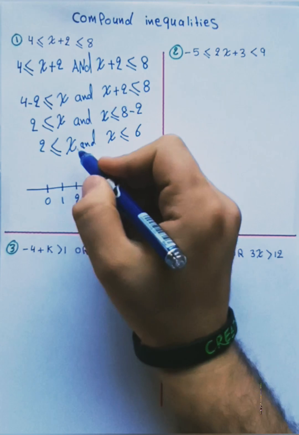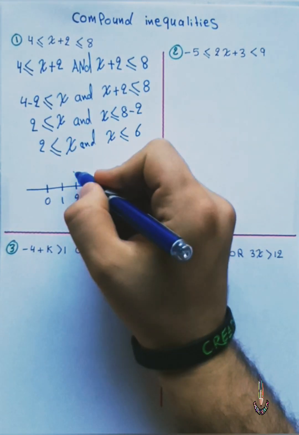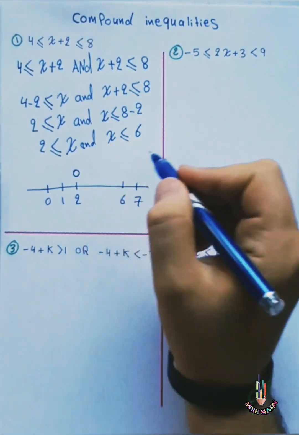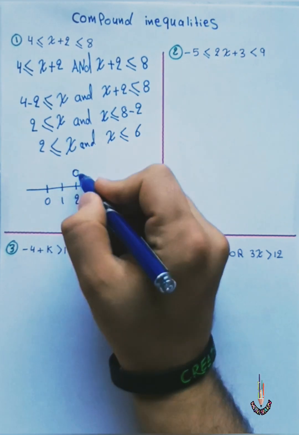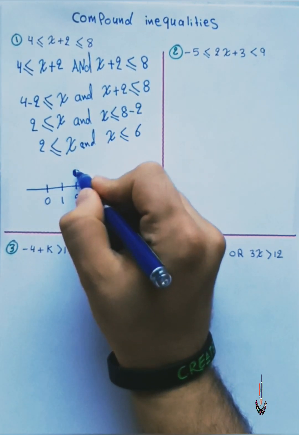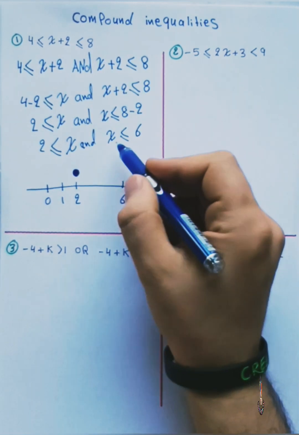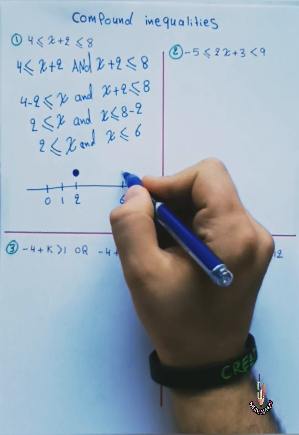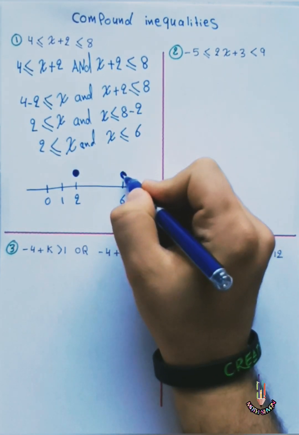And then x is equal to 2 or greater than 2, so you have to draw a circle, and we have greater than or equal, so this small circle should be closed. And in the second part, x is less than or equal to 6, so you have to draw another circle, and this circle should be closed.